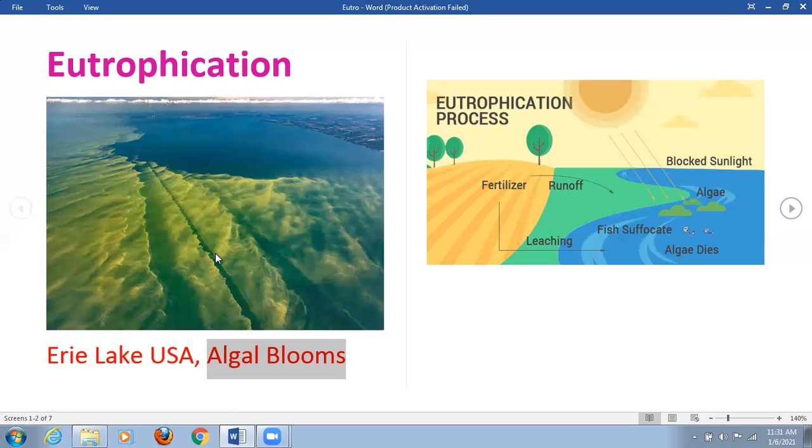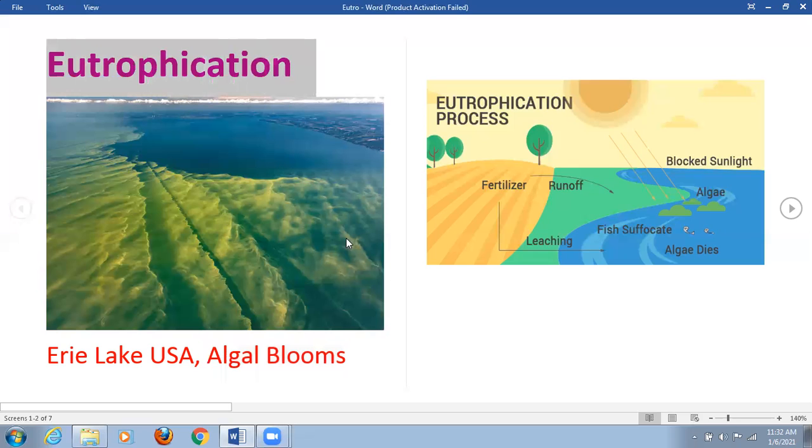And when this algae die, the algae are again decomposed by different bacteria, and again oxygen utilization takes place. So the oxygen utilization continues in the eutrophication process.